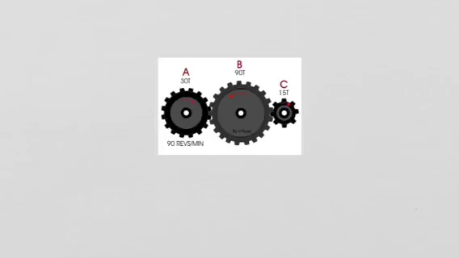But when we talk about other types of transmission systems, mainly a gear train, if we look at this image we've seen before, what do we notice about gears A, B, and C? They're all different sizes. So if there is a motor that is turning one of these gears, and you have direct transmission, they have to touch one another.